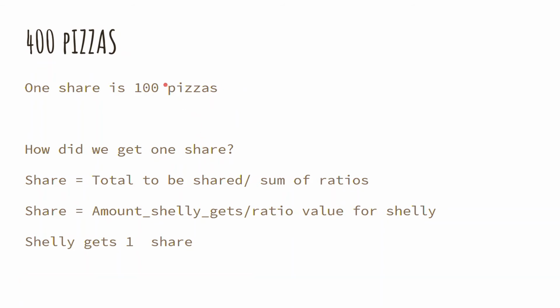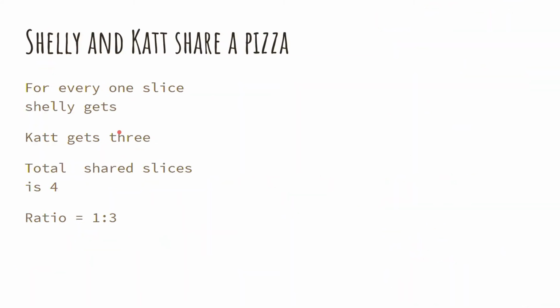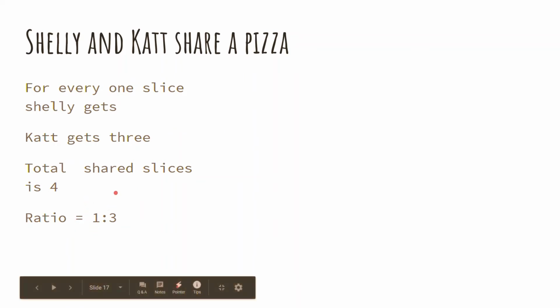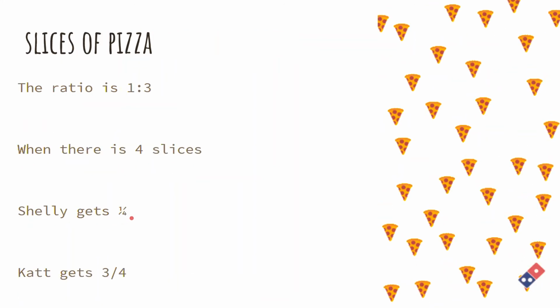This is basically the unit of sharing. Of every total shares, Shelly gets 1 share and Kat gets 3. So you find the unit share in this case.